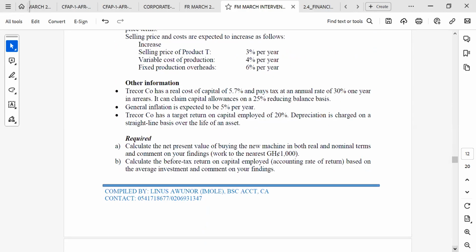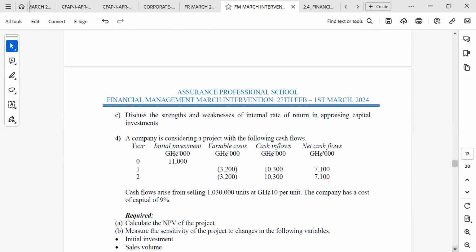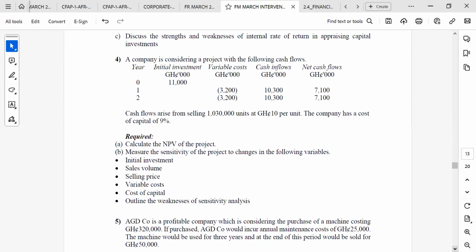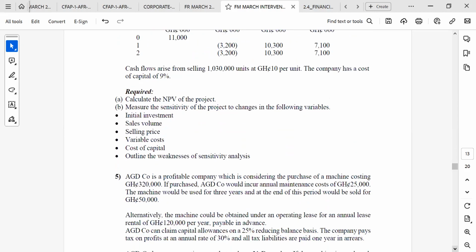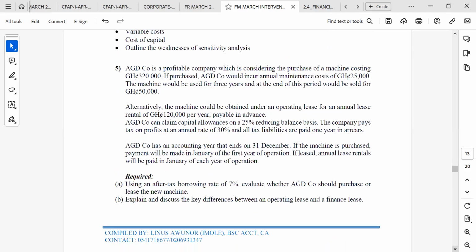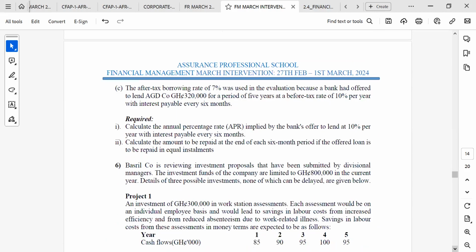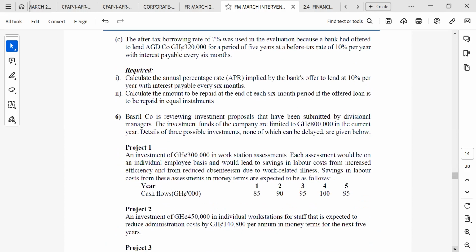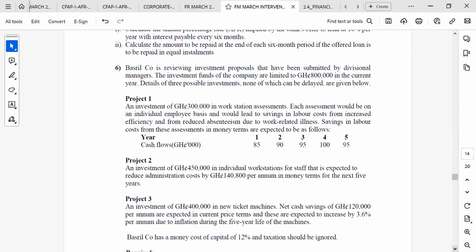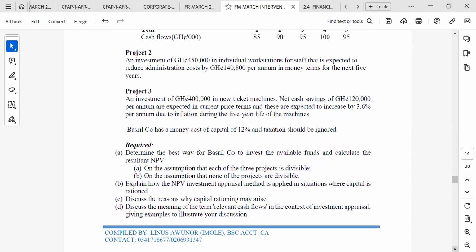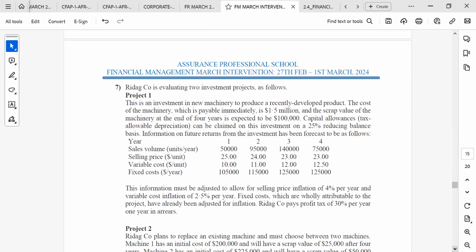So that is that. Tomorrow we try to see what we call the advanced issues by looking at sensitivity analysis, lease or buy, and asset replacement decisions. A company will buy an asset and they want to determine when or how often they should replace their assets.